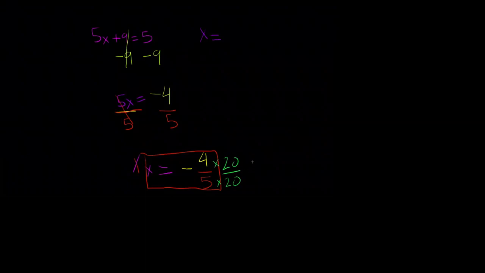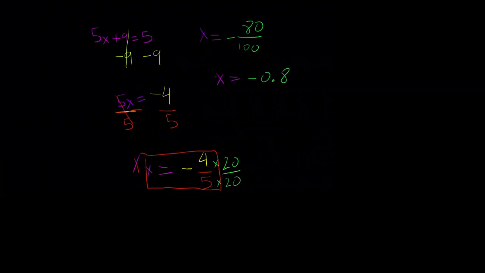You're just writing it in a different form. So 5 times 20 is 100, and 4 times 20 is 80. Remember the negative. And basically, 80 over 100 is 0.8. So x is essentially equal to negative 0.8.